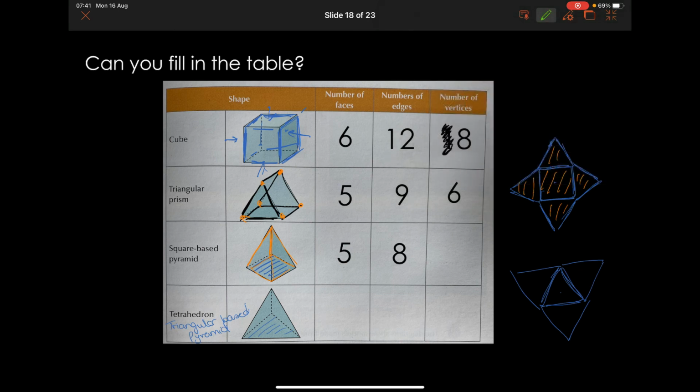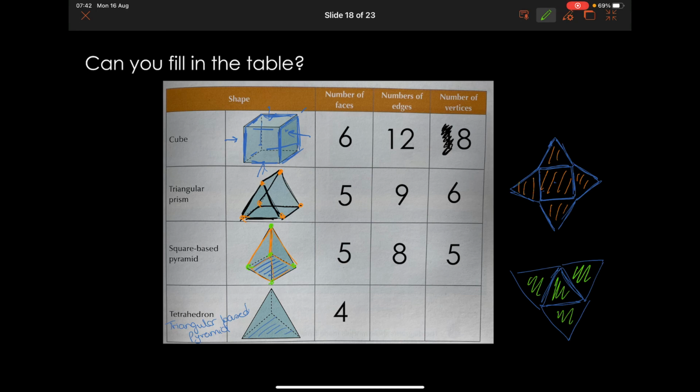And then finally, number of vertices: 1, 2, 3, 4, 5. There'll only be 5 because you've got the top point and then the 4 corners at the base. And then finally, the tetrahedron or the triangular-based pyramid. Again, you've got 1, 2, 3, 4 faces.